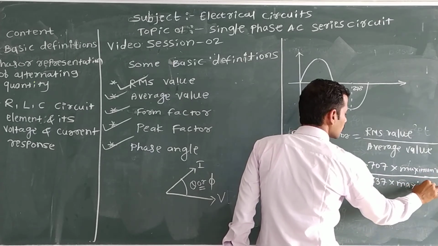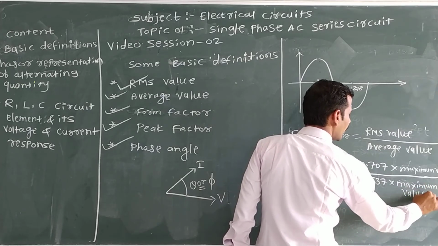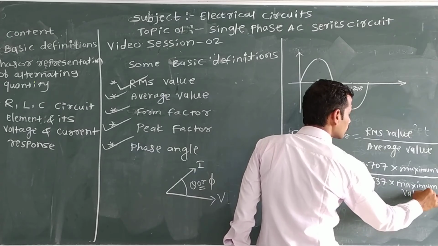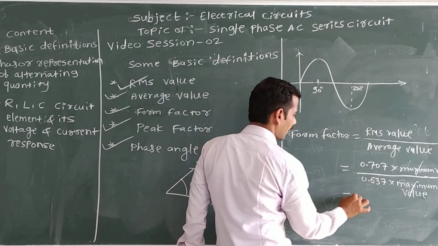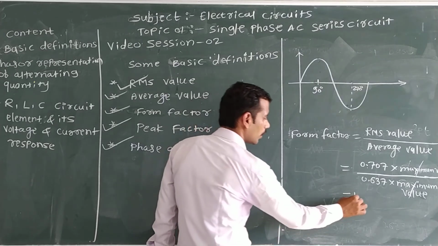Maximum value and maximum value will get cancelled. Finally, 0.707 divided by 0.637 will be 1.11.